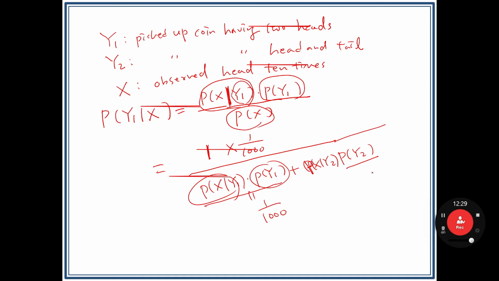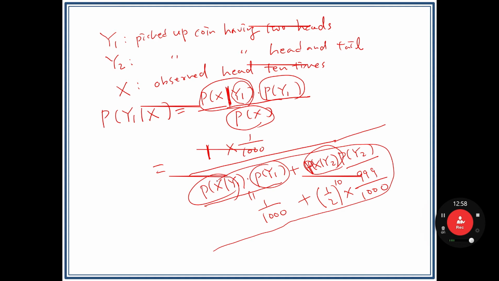It is 999 over 10,000, right? Times, what is this probability? If we pick up a normal coin, then what's the probability that we will observe heads 10 times? That is 1 over 2 to the 10th. Okay? We add these two. So this denominator part is the law of total probability.